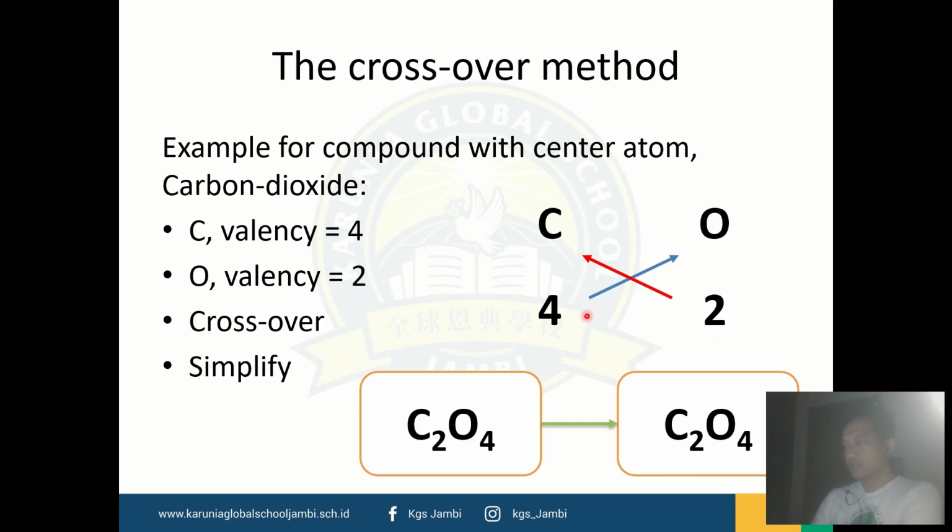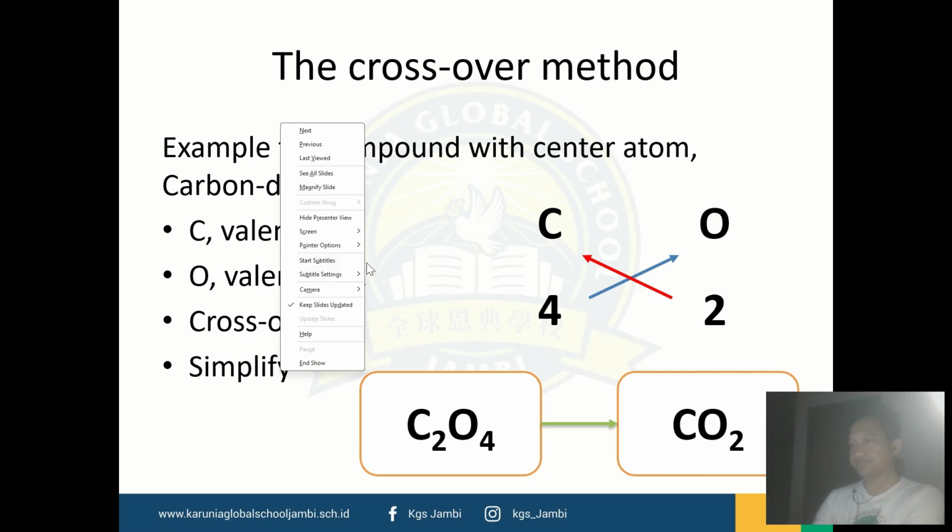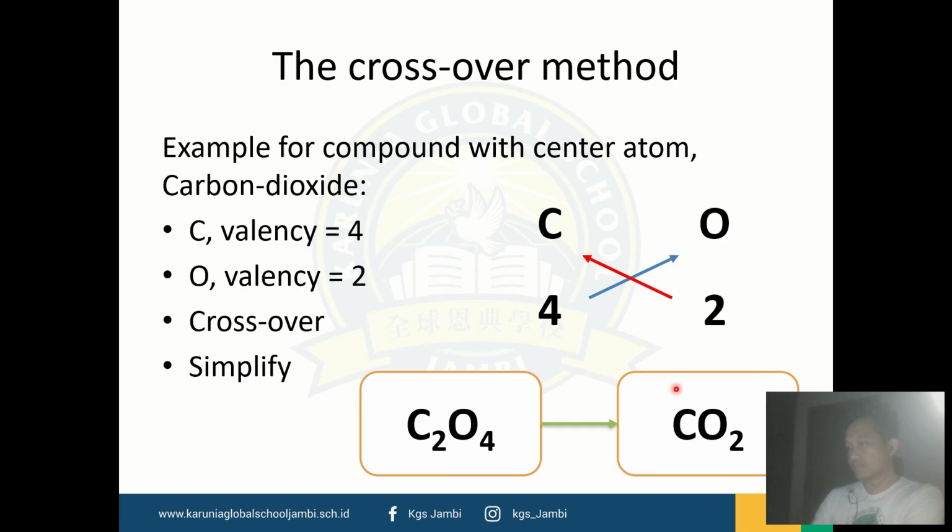So if we need to make the valency equal, we realize that we need one more oxygen, then they have equal valency. Okay, there's something wrong in here. There you go, CO2.